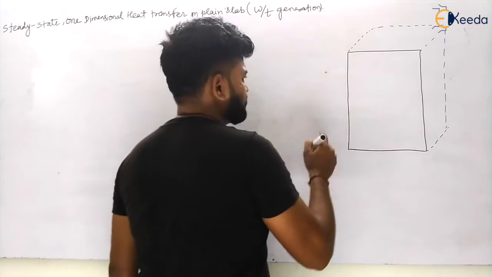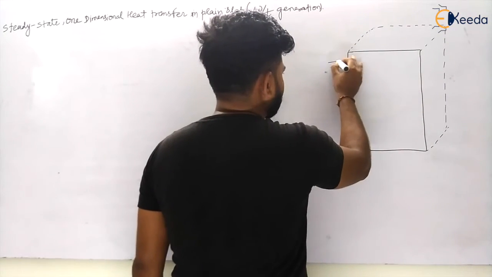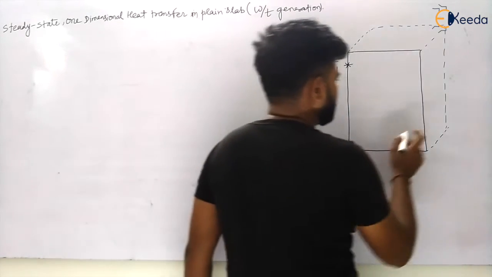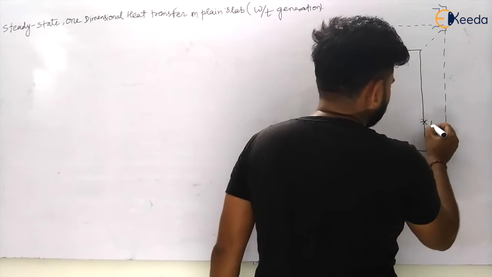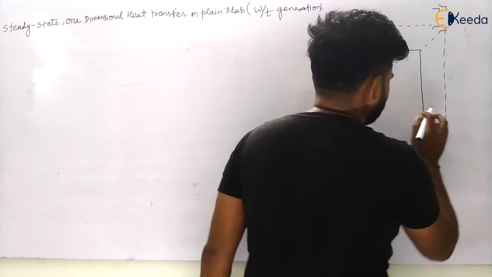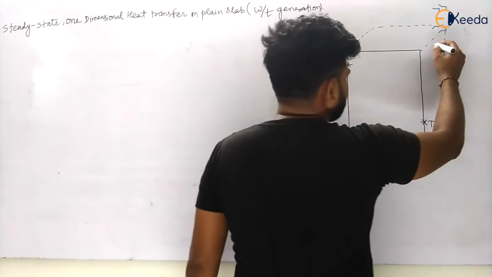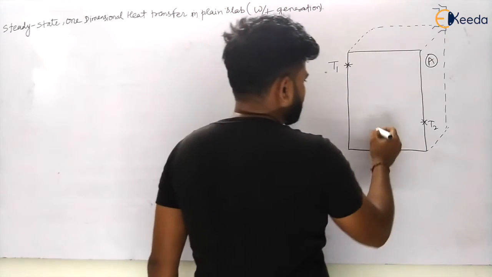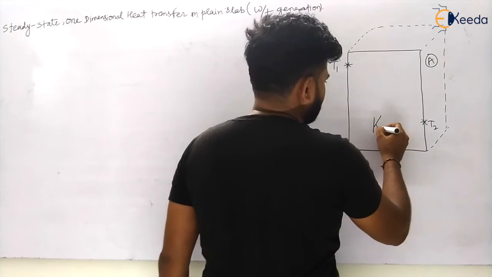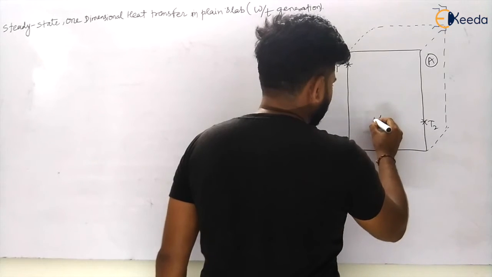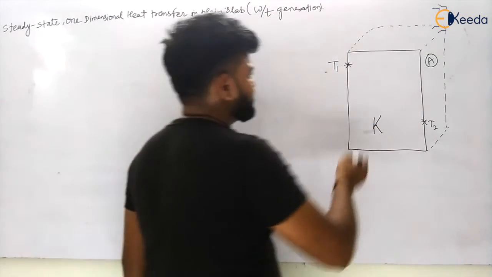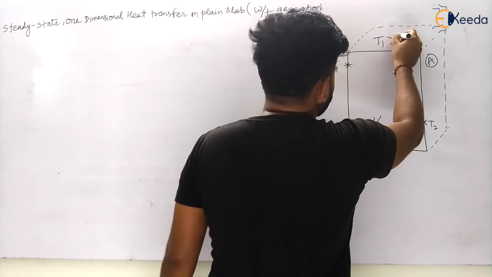In this, let us assume the surface temperature of the left face is T1 and the surface temperature of the right face is T2, and the area of this slab is A, and it has some conductivity K. Now let us assume T1 is greater than T2.